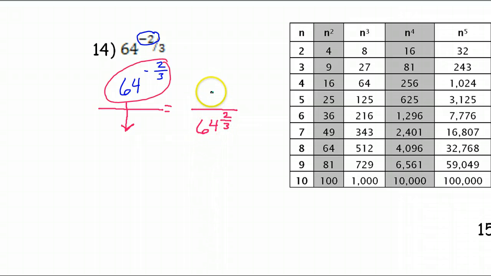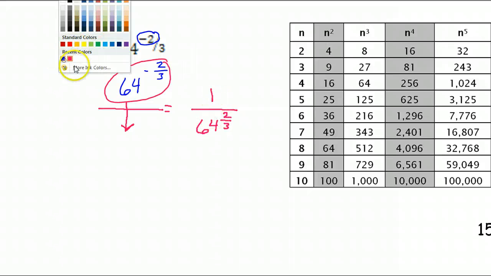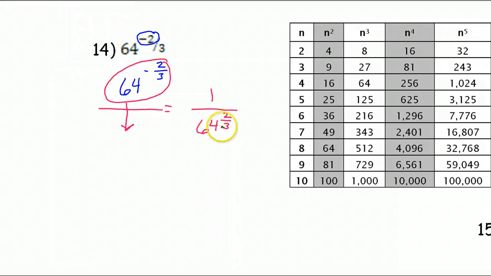I will then need a 1 to hold the place. So I'm going to evaluate 64 to the 2/3 power, but whatever I get, I'm going to always remember that it is in the denominator of this fraction. So rewriting using radicals, I'm going to have 1 over, like I said, again, this 3 is the root.